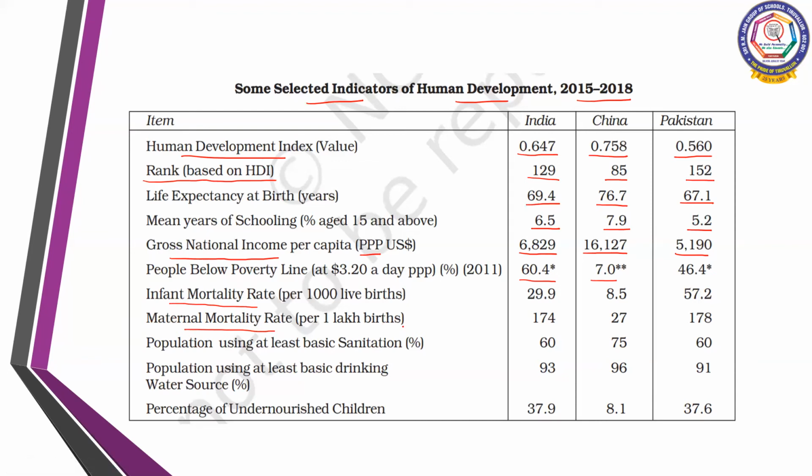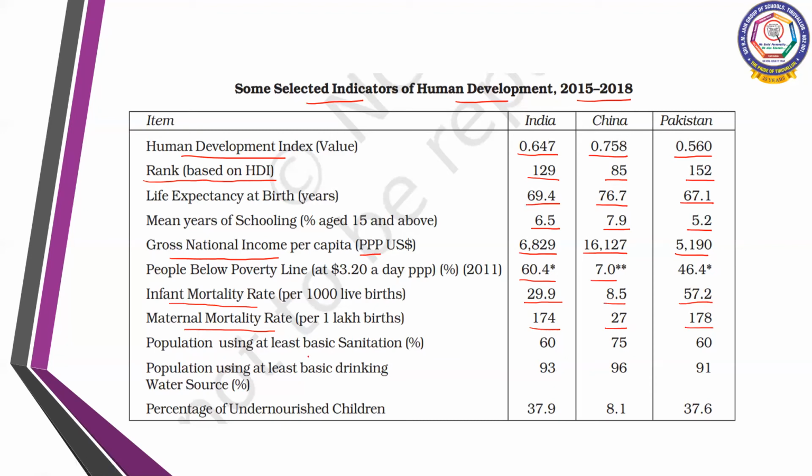The lower the rate, better is the performance. It is only 8.5 compared to India 29.9 and Pakistan 57.2. The maternal mortality rate is 27 in China, whereas it is too high in India and Pakistan at 174 per 1 lakh births and 178 per 1 lakh births.